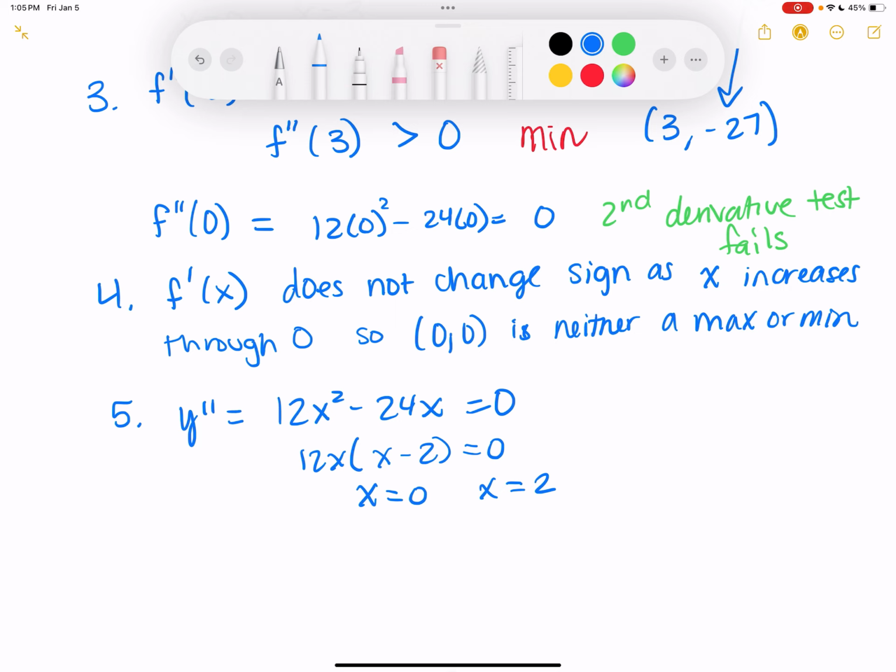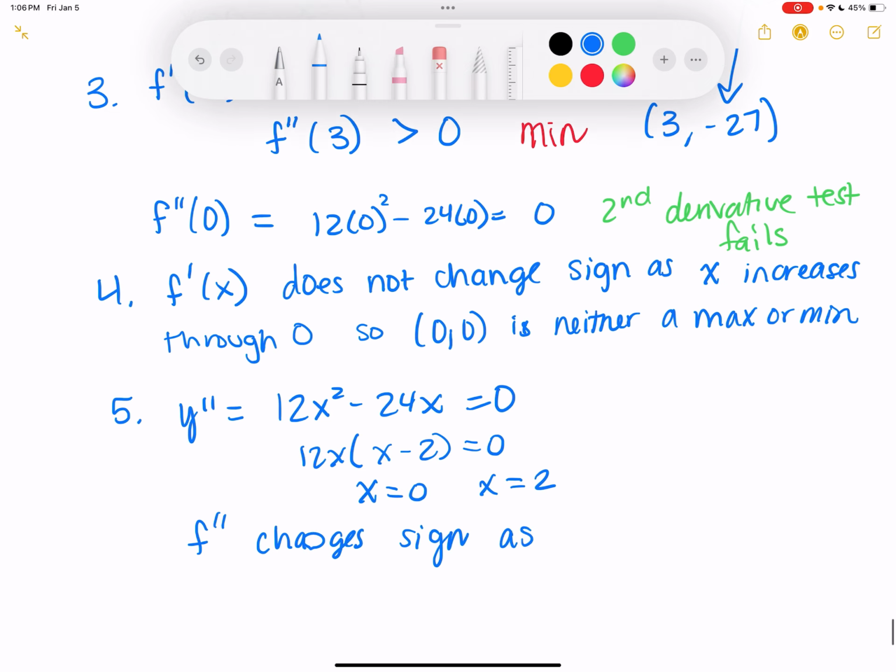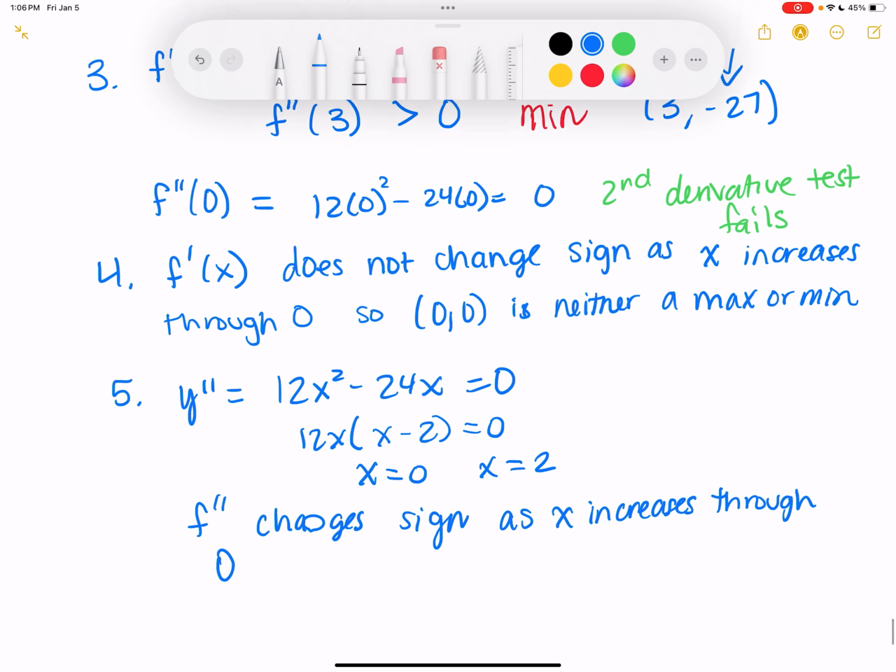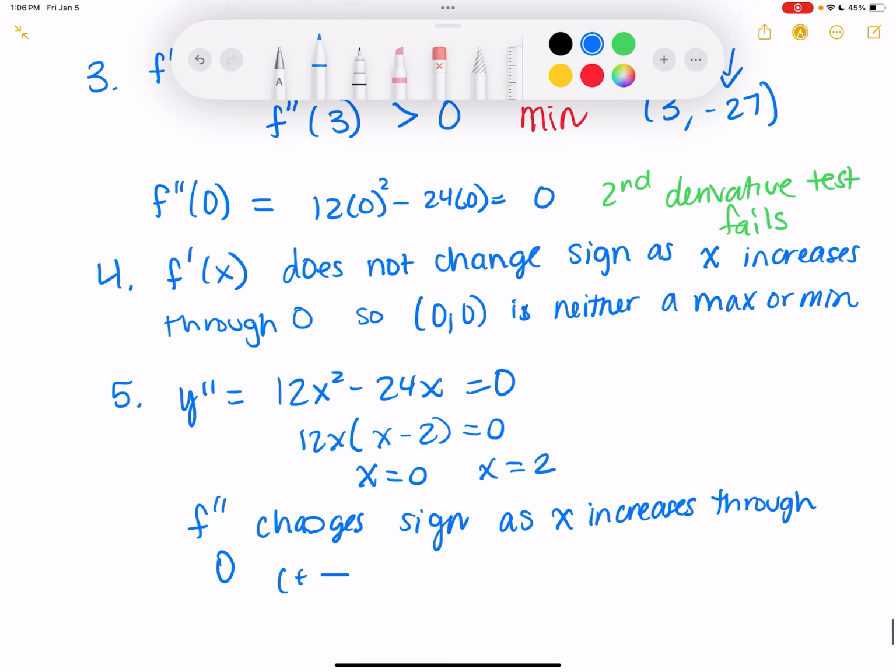So it does change sign. So y double prime changes sign as x increases through 0, going from positive to negative.